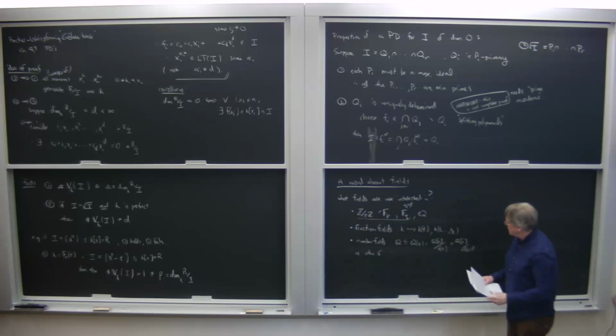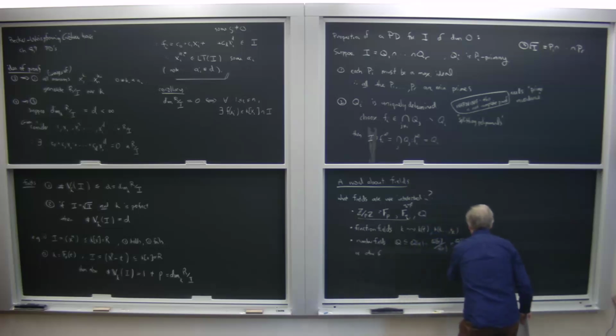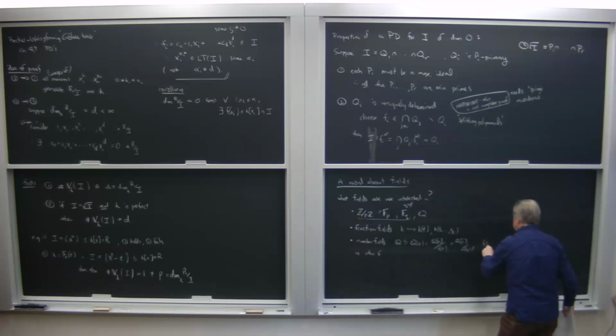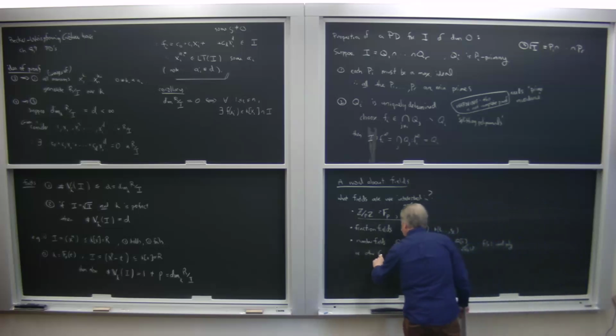And then we let alpha be just X in this thing, and that's a field if f of X is an irreducible polynomial. Okay, or other finite extensions of fields.